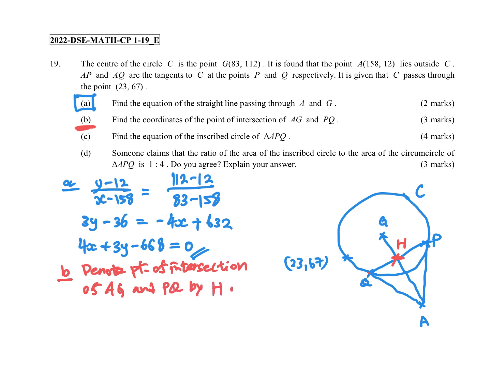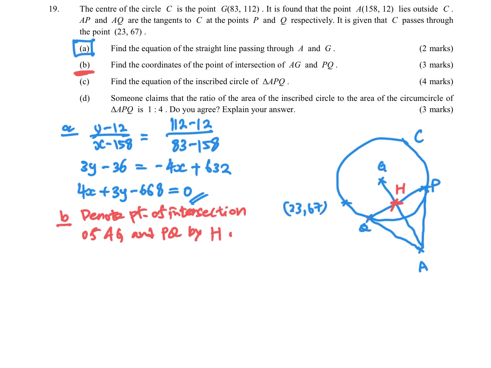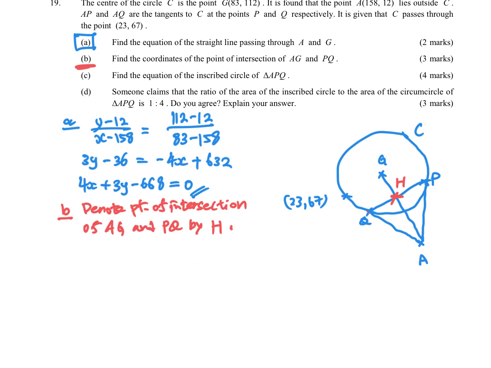Alright, we are given some hints. In part A we have the equation of AG, so that means we need to find the equation of PQ. It's quite clear that APQ would be an isosceles triangle.